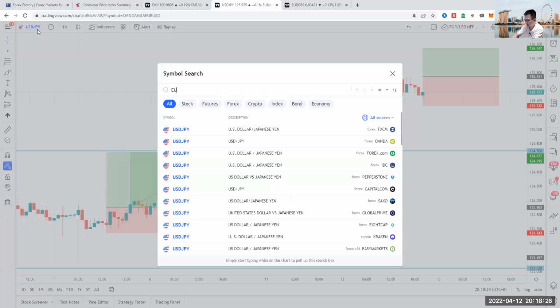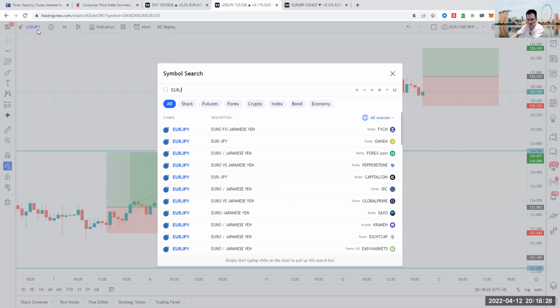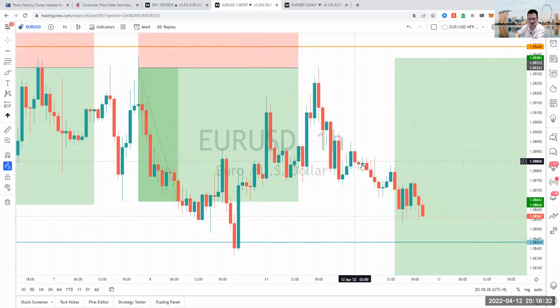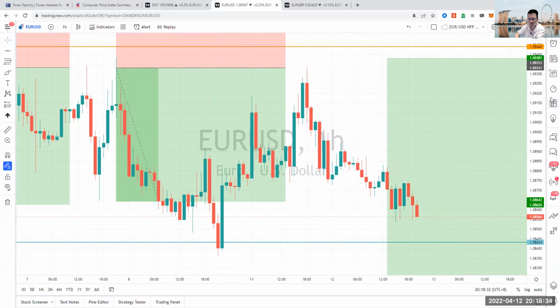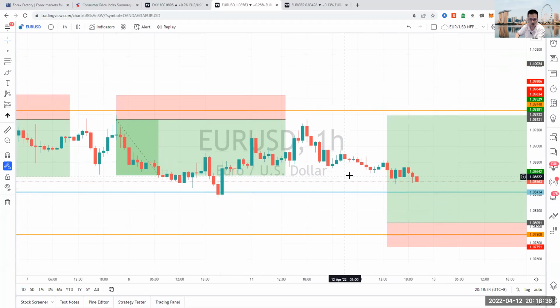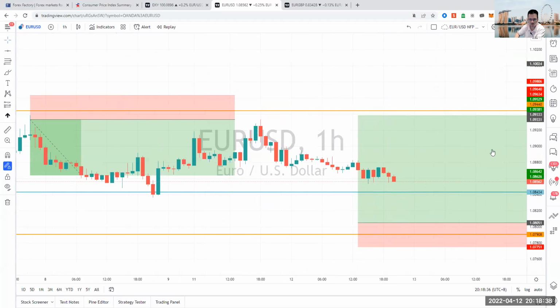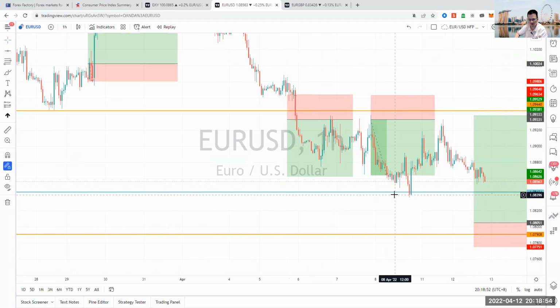The other one that I thought was going to be quite good, but I'm having second thoughts now, is the euro dollar. Okay, so it started moving down. I thought that if it broke that 1.0842 level, or even that 1.0840 level, you could be looking to sell, but just be very careful.